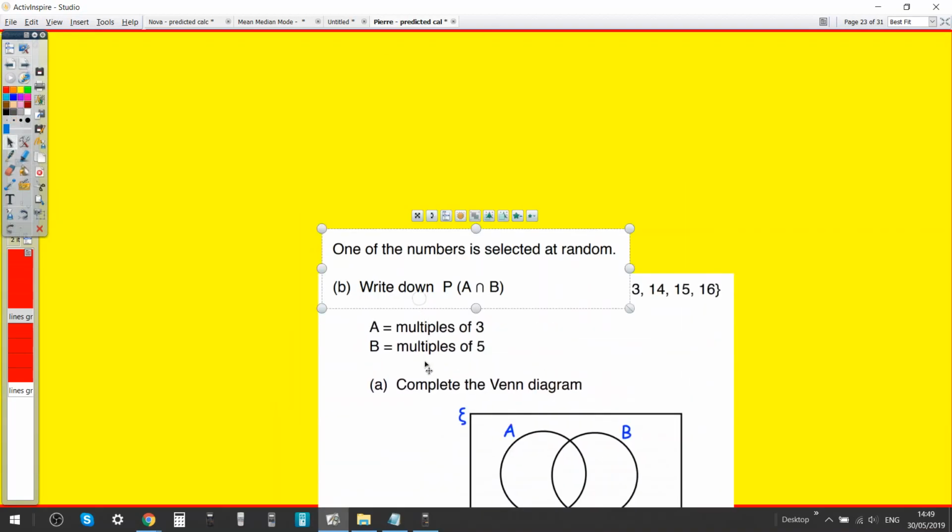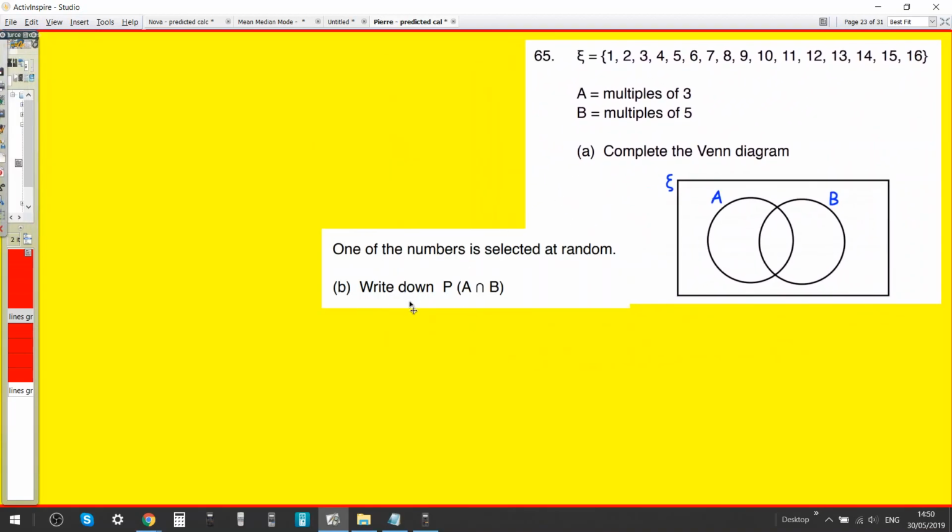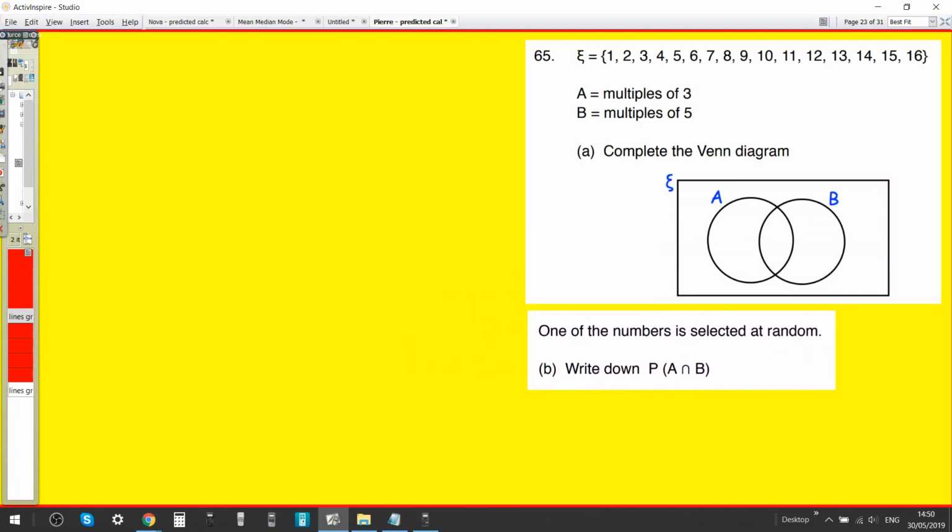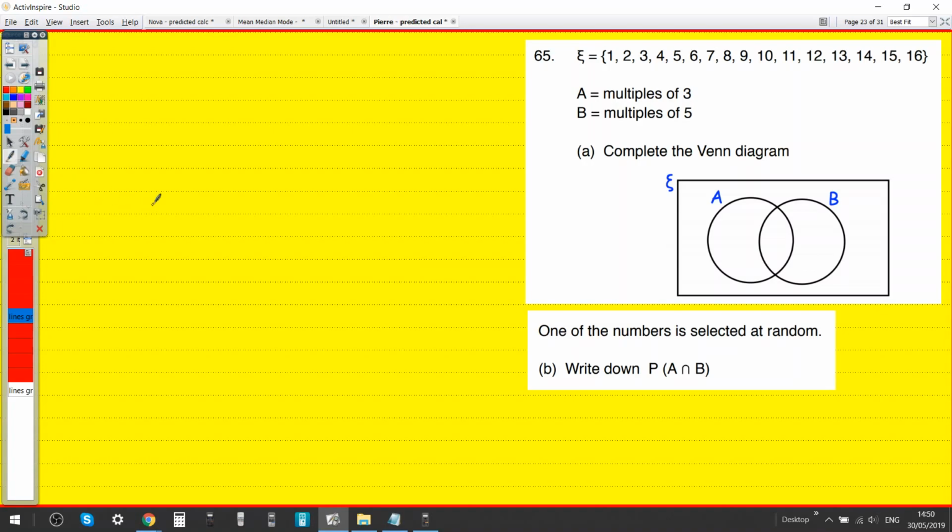Okay, this one. Oh God, these symbols. No one's good at them. Okay, A equals multiples of 3.